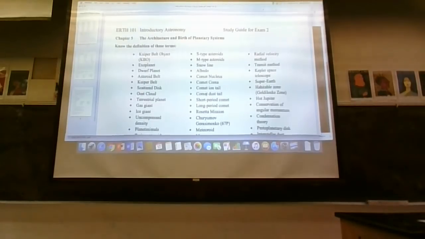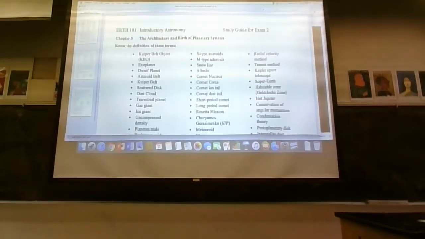So the size of the wobble is determined by the exoplanet, right? So which kind of planets will make stars wobble a lot? And the answer is big mass or little mass?